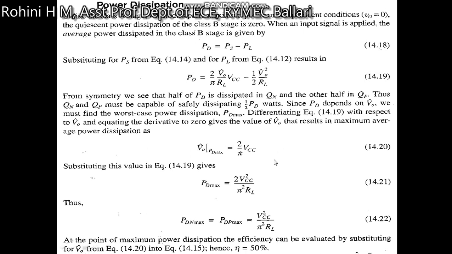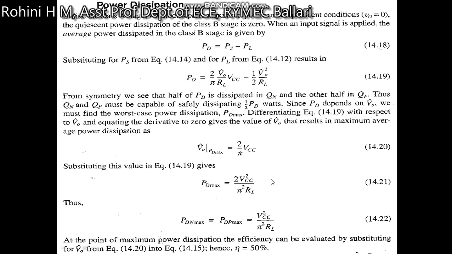When we substitute this V out value in expression 14.13, we get the maximum power. The maximum power dissipation is 2 VCC square divided by pi square times RL.